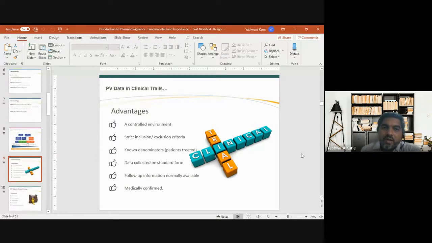So it's a controlled environment. We have very strict inclusion and exclusion criteria. When the clinical trial protocol is being set up, they exclude conditions which are very similar. They try to be very particular about the inclusion and exclusion criteria.